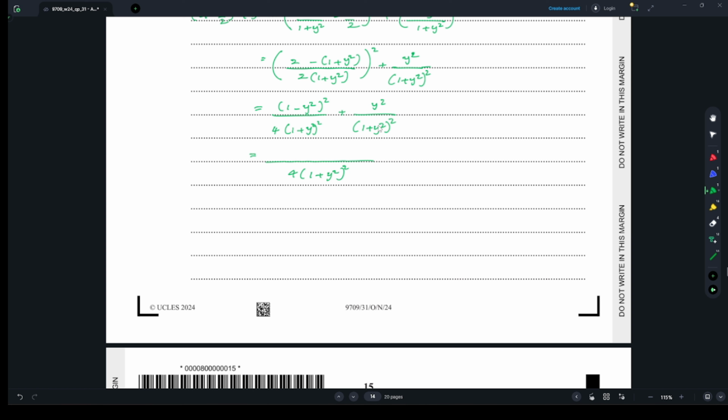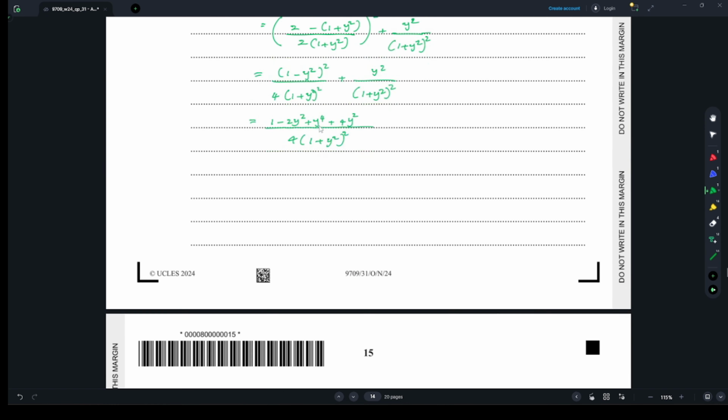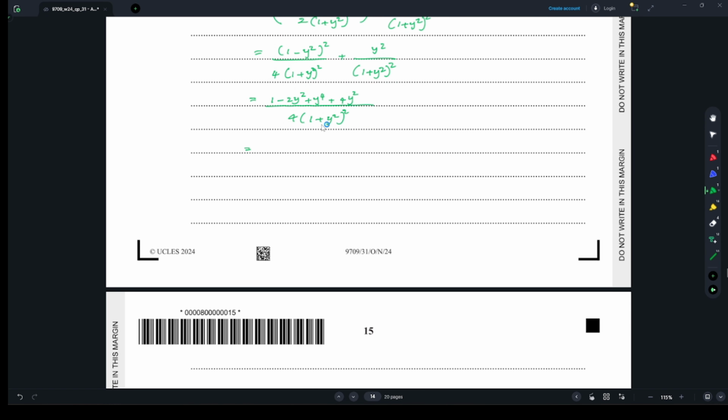So I will multiply by, and also in the meantime here we have the square of 1 minus y squared, so we can expand it, right? 1 minus 2y squared plus y to the power 4, plus here 4y squared, and so you will receive y to the power 4 plus 2y squared plus 1 divided by 4 times 1 plus y squared.